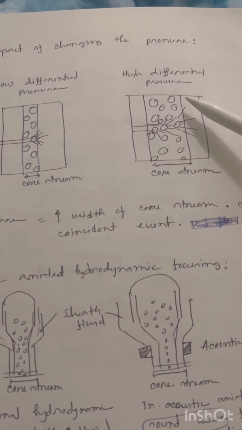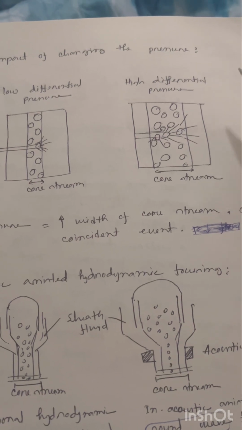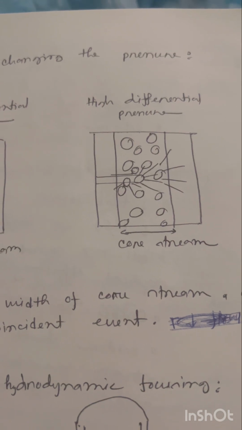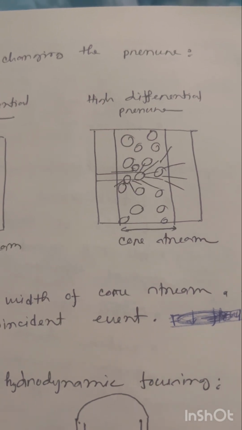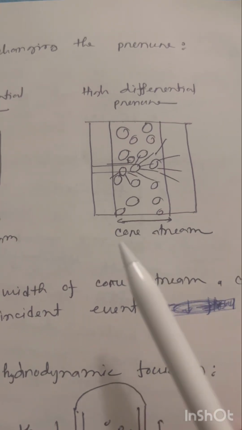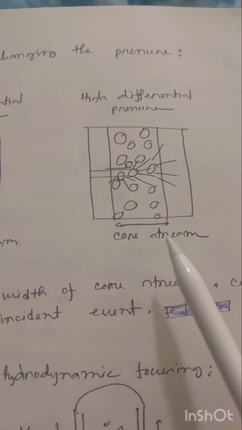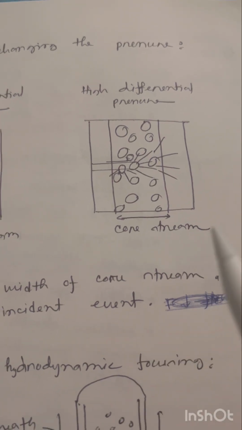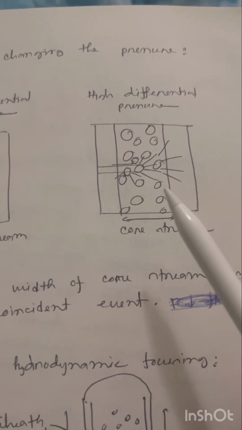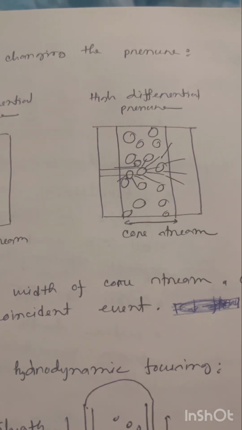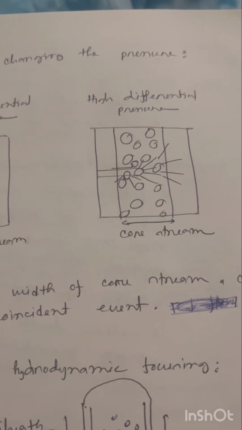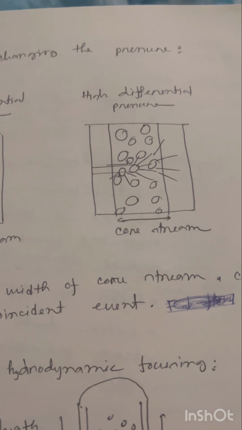So this means that when we inject the sample into the core stream at a higher velocity and the pressure is higher, it causes a wider core stream diameter, and because of this, more cells pass the laser beam at a time, and it causes coincidence and signal overlapping or peak overlapping, and ultimately the quality of the result will not be good.